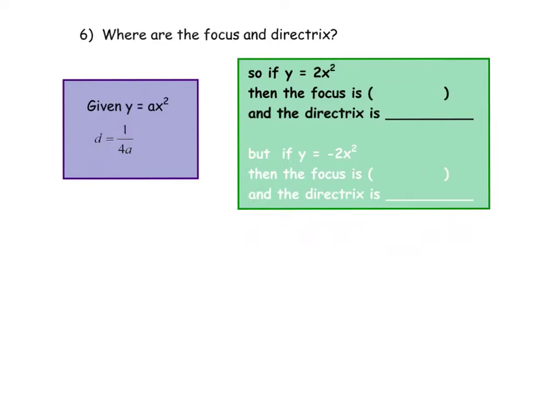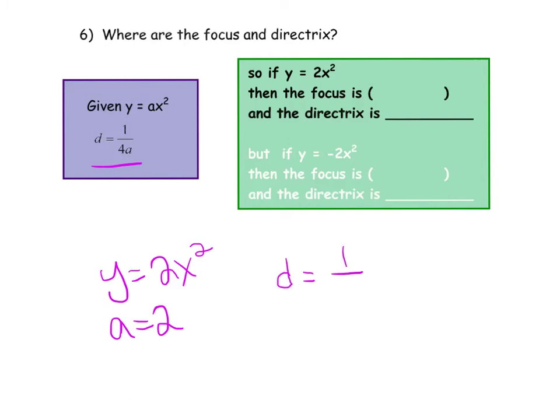So your directrix is found by doing d equals 1 over 4a. So for this first example, y equals 2x squared, my a is 2. So how do I find my directrix? d equals 1 over 4 times 2, or 1/8. Basically what that means is that your directrix is 1/8 of a unit away from the vertex.